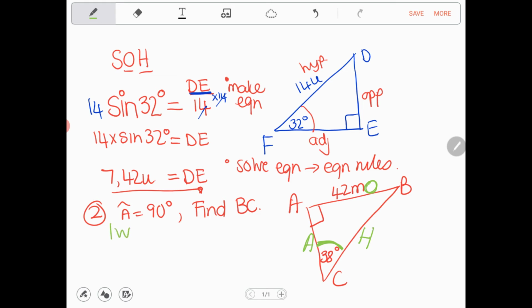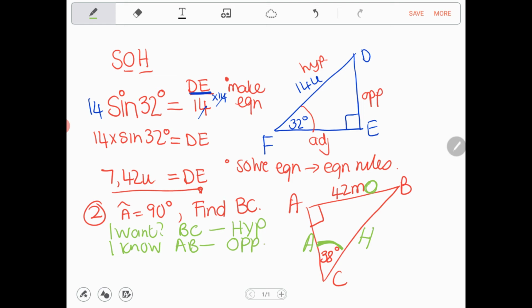Then what do I want? I want BC, which is the hypotenuse. What do I know? I know AB, that's the side that I've got, and that is the opposite.